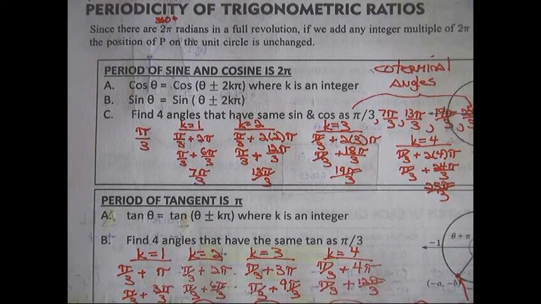So the cosine at pi over 2 is the same as the cosine at 3 pi over 2. Every time I add 180 degrees, I'm going to get the same thing. So let's say that the cosine here, this would be 60 degrees right here. When am I going to get another cosine that's the same as 60?